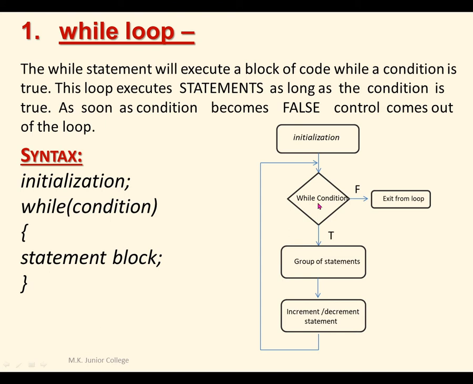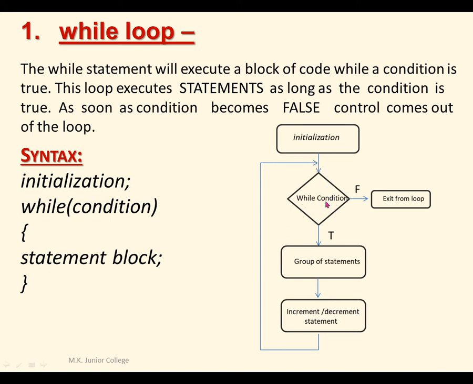When you check a condition, you will have two answers, either true or false. If the answer is true, it goes inside the loop and performs those statements you give inside that block. You add an increment or decrement statement for your counter, and again your control goes to check the condition.